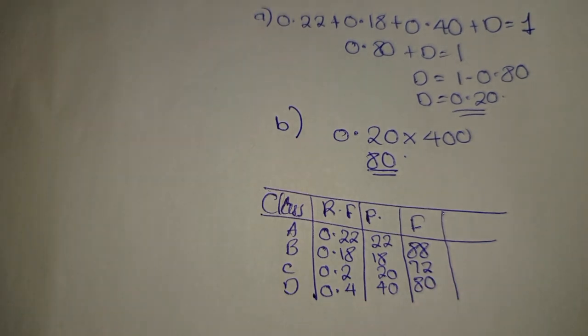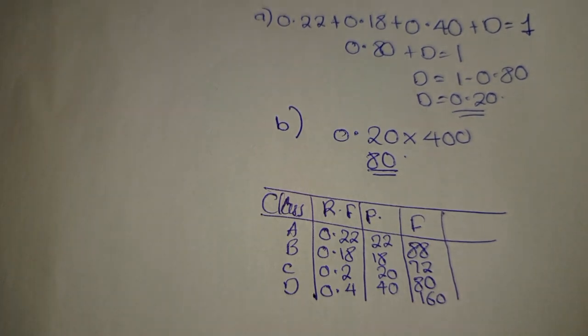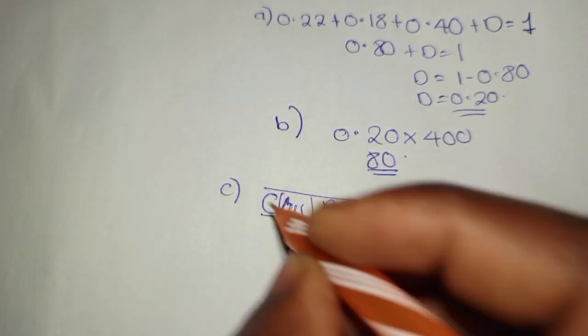Lastly, 0.4 multiplied by 400, you get 160. Having done that, we have constructed our frequency distribution, which is part C.